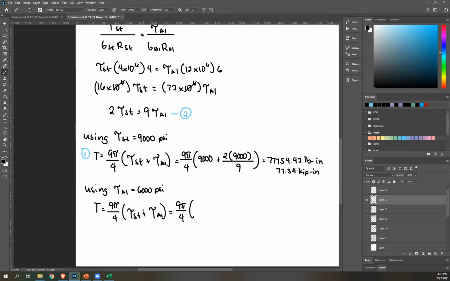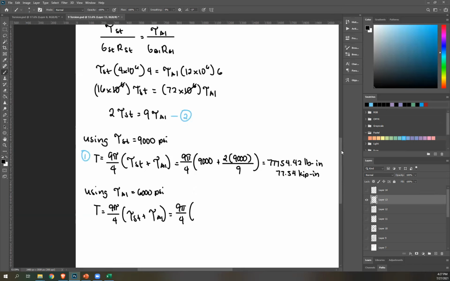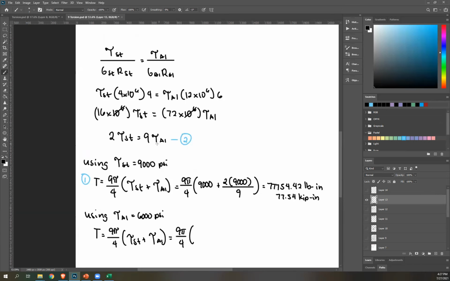Okay, now we need an equation for steel. So shear stress of steel is 9 shear stress of aluminum over 2. So shear stress of aluminum is 6,000, over 2, plus 6,000. Please solve. What's the answer here? Correct, Jade.